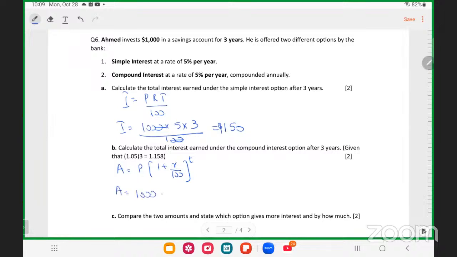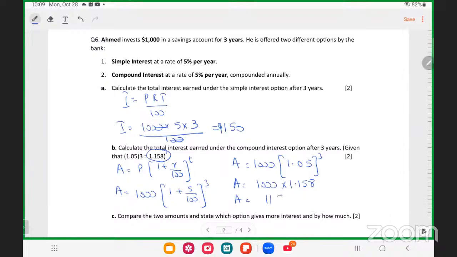Principal is 1000. 1 plus rate is 5%. Time is 3 years. Since calculators are not allowed, the question has identified that 1.05 cube is 1.158. So 1000 into 1.158, amount is 1158.